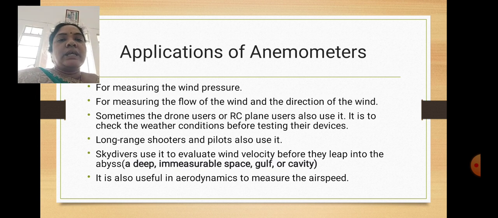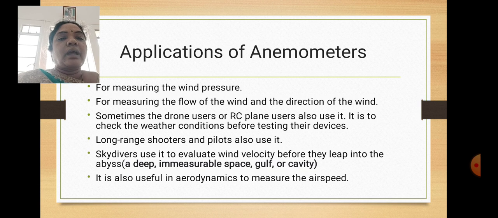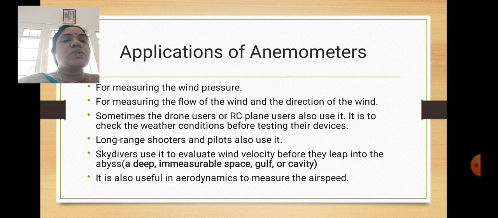It is basically used for measuring the wind pressure, and it is also used to measure the flow of the wind and the direction of the wind. Sometimes drone users or RC plane users also use it. It is also used to check the weather conditions before testing their devices.